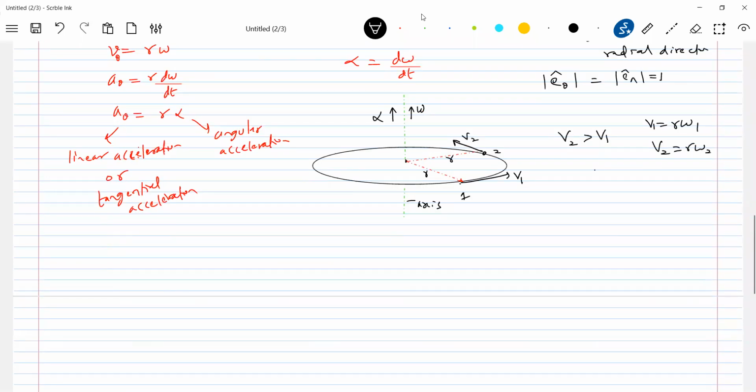Similarly, if the speed of the particle decreases, there's a separate condition. No, let me take another one.